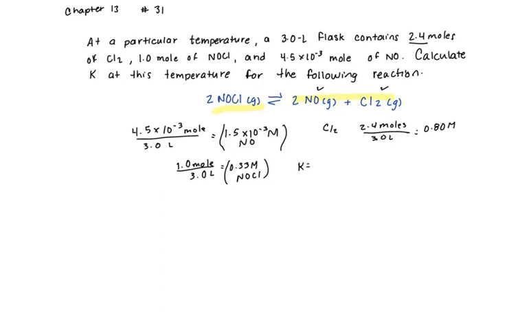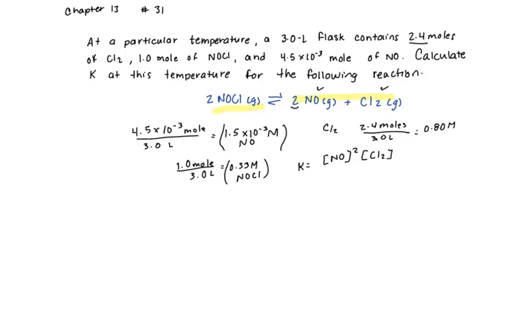Remember, K is the equilibrium constant of a dynamic equilibrium in which our reactants equal our products. So let's set that up. What are our reactants? Well, we have NO, and we do have a coefficient. Whenever we have a coefficient, we have to turn that into an exponent. And what is our other reactant? Cl2.